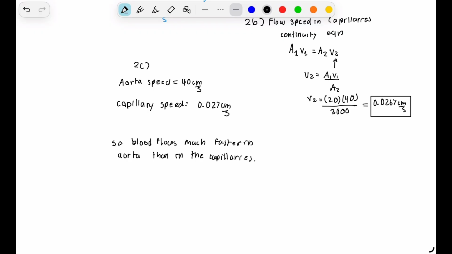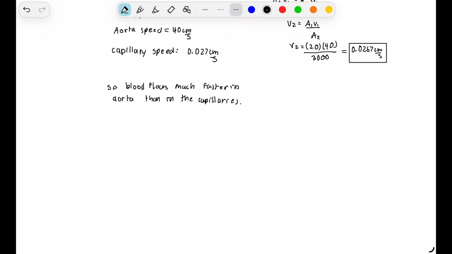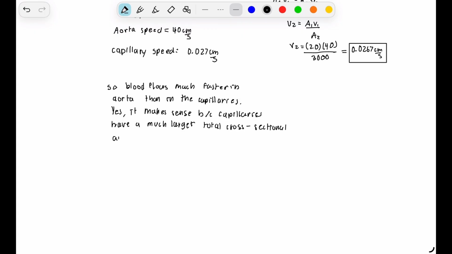Our question is if this makes sense. And we can say yes, it makes sense because capillaries have a much larger total cross-sectional area than the aorta.